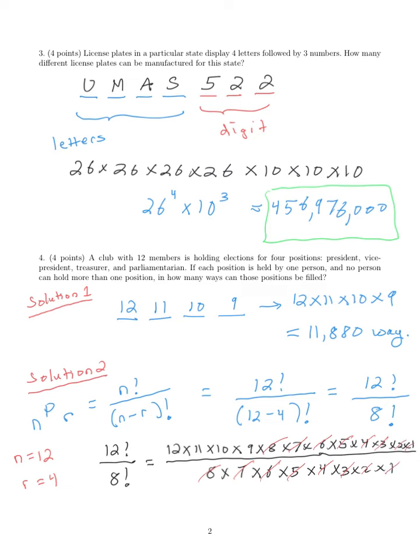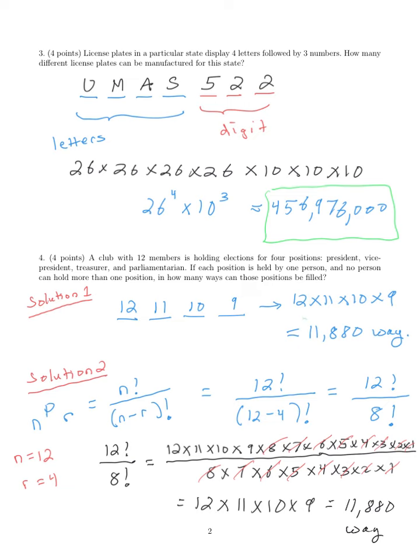And what's left over? The entire denominator is 1, and in the top, since these are all equal to 1, we have 12 times 11 times 10 times 9. So this simplifies to 12 times 11 times 10 times 9, which, by the way, is exactly what we have up here for our other way of approaching the problem, which is 11,880 different ways.